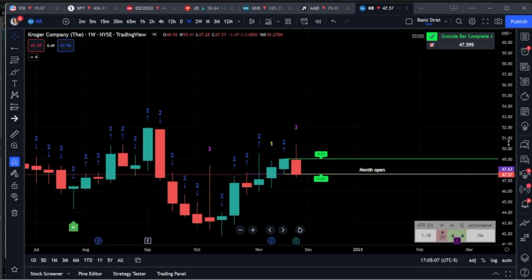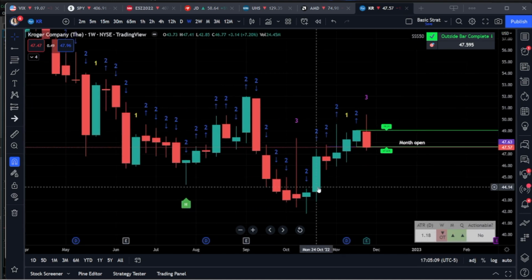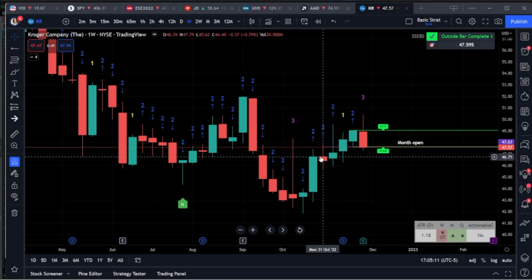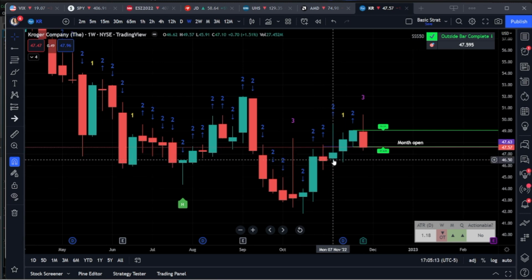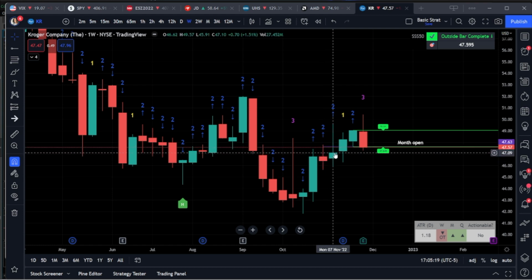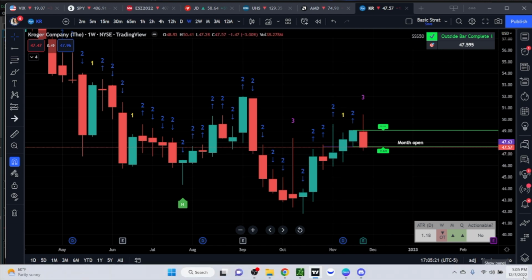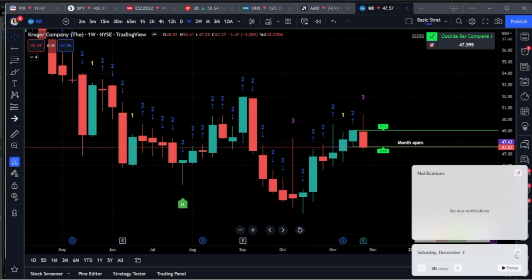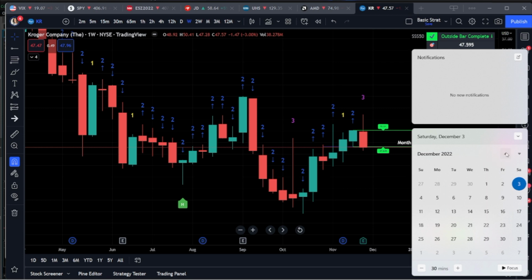And remember, we are looking at November. So this here is November. That's where the month opened. So the second week, because in November we open here, we uncoupled here on the 8th.